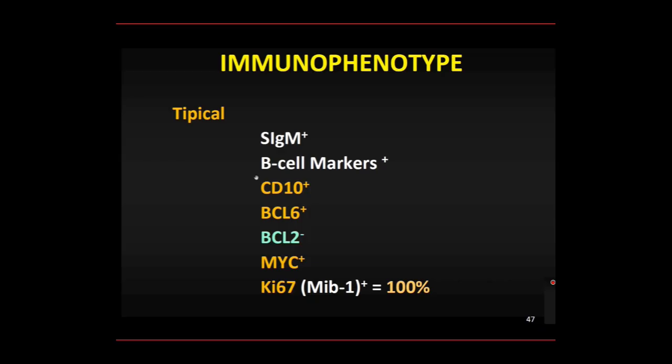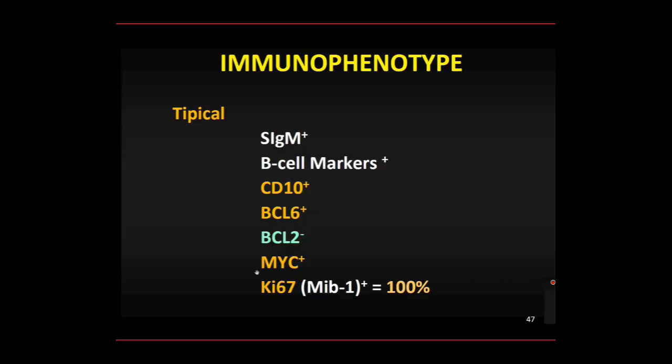No way you can skip them: CD10 and BCL6. On the other hand, BCL2 is always negative, in 100% of cases. So Burkitt lymphoma is highly proliferating but can undergo apoptosis. This explains the starry sky pattern with cells undergoing apoptosis, and explains the good response to chemotherapy.